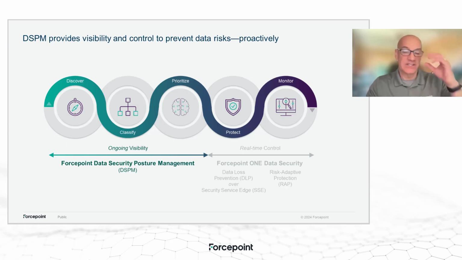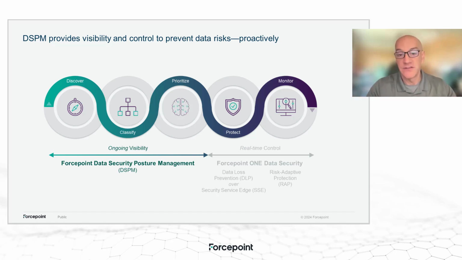One of the other aspects in terms of data security, we look at it in terms of these 5 different pillars: discover, classify, prioritize, protect, and monitor. We look to provide all of those capabilities to our customers. Over to the left, you can see Forcepoint Data Security Posture Management, or DSPM, and that covers this discover, classify, prioritize aspect.